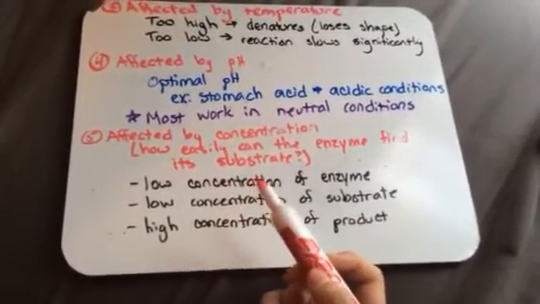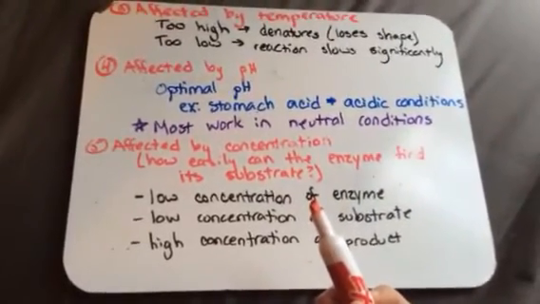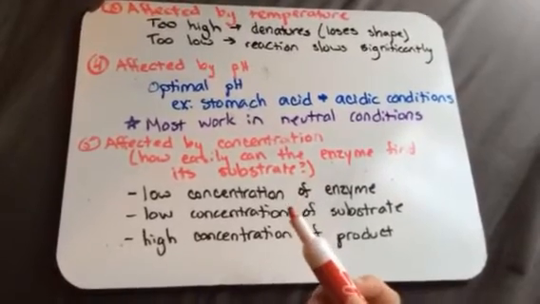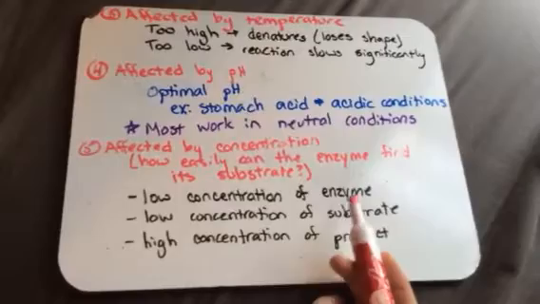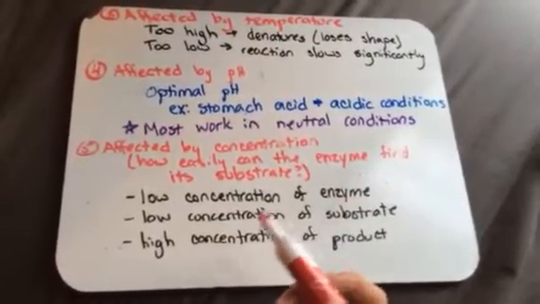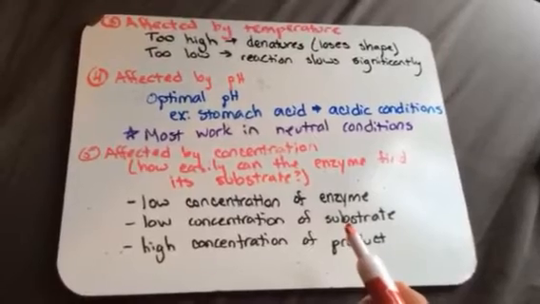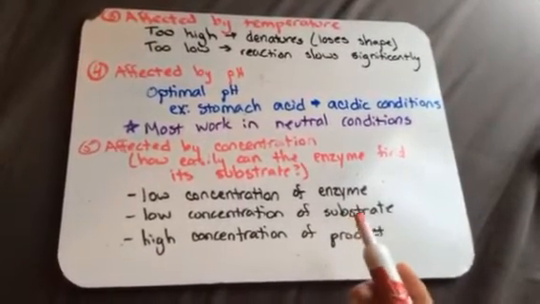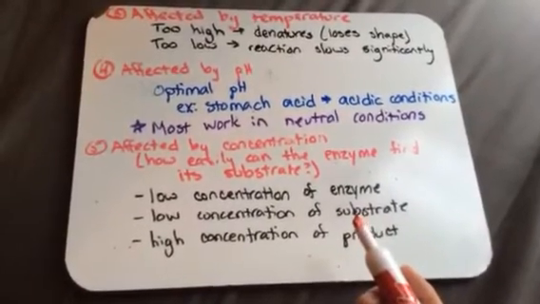If you have a very low concentration of enzyme, well then, okay, yeah, the enzyme can find the substrate, but you're still going to have a slower rate of reaction because you don't have that many workers, and the enzymes are the workers. Low concentration of substrate, I mean, if you don't have anything to work on, it's going to be very difficult for that rate of enzymatic reaction to go up.